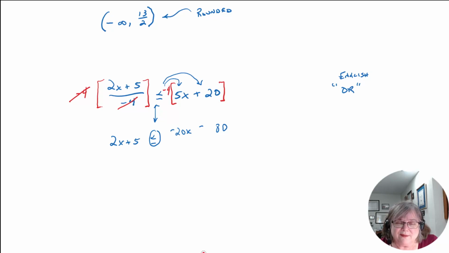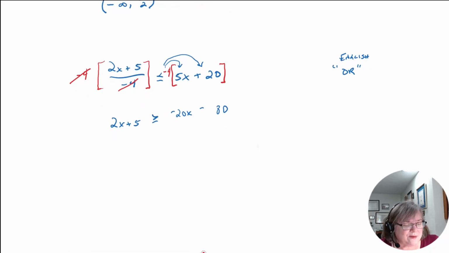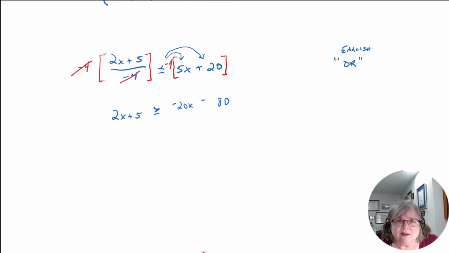We did? Okay, so what do you have to remember to do? You have to remember to reverse the inequality, even when it's that early on. So even if it's early on in the problem, not just at the last step, you have to remember to reverse the inequality.